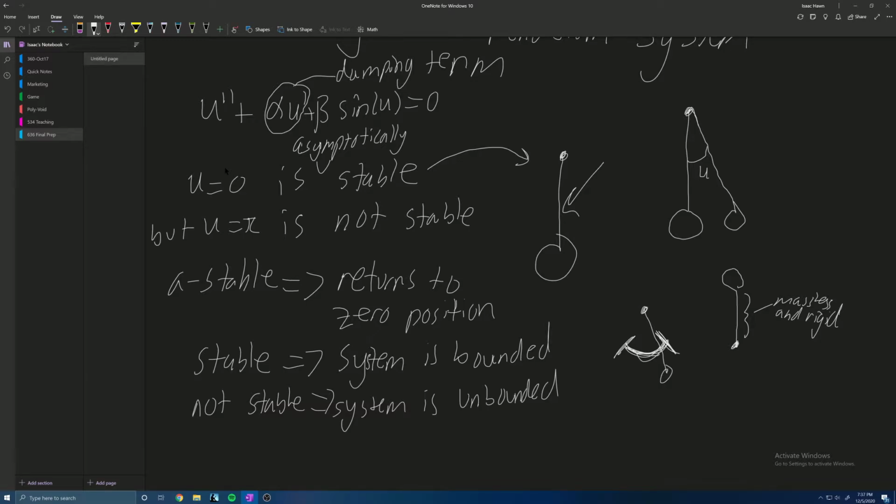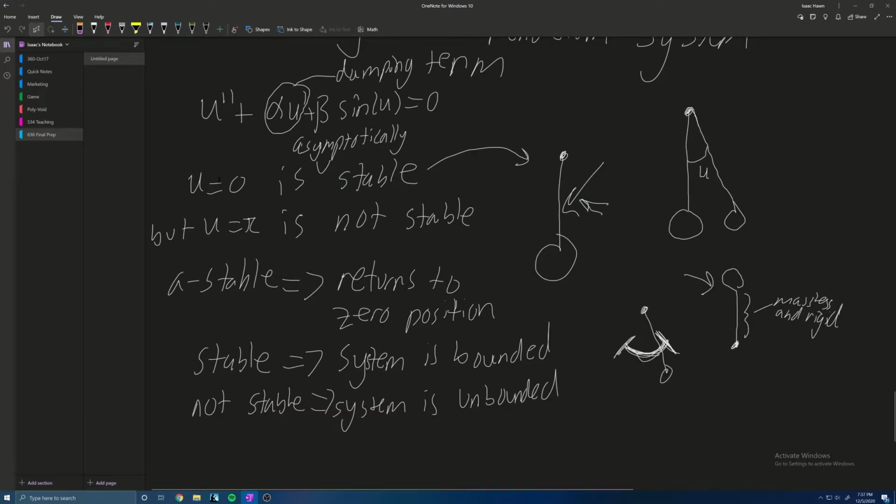Intuitively, this makes sense, I think. Of course, this is going to be stable right here, and of course, this isn't. It's not going to return to a stable state. It's just going to hang out there at the top position, not doing anything. Unstable, right? It's not returning to the zero position.